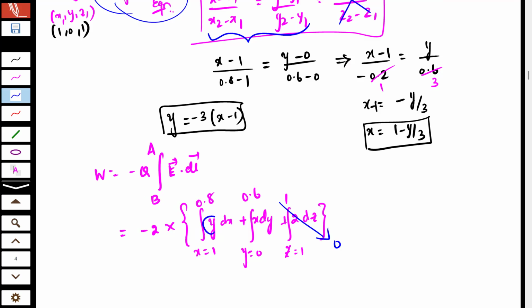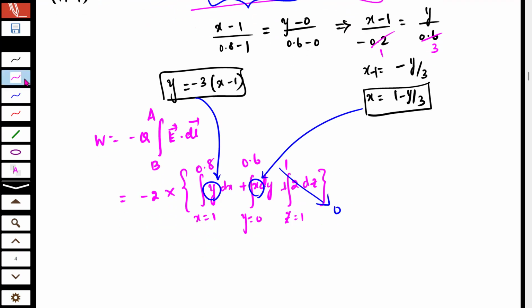Now instead of y, I should be writing this expression, and instead of x, I should be writing this expression to perform the integration. This also can be performed using a calculator directly. If you are comfortable doing it on your own, you can do it. Otherwise, you can make use of a calculator to solve this integration and get the answer.